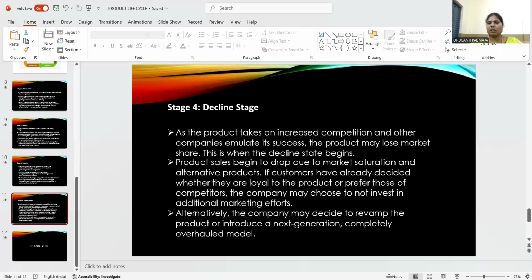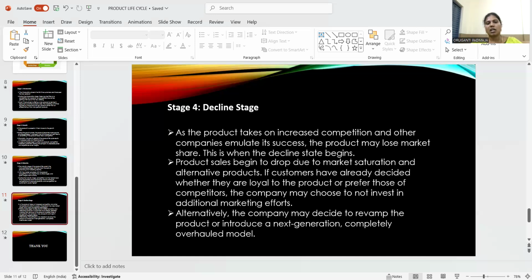If customers have already decided whether they are loyal to the product or prefer those of competitors, the company may choose not to invest in additional marketing efforts.